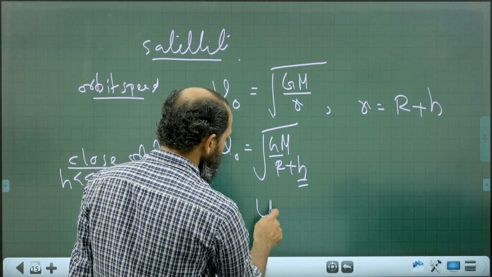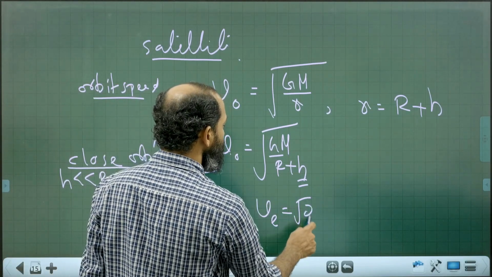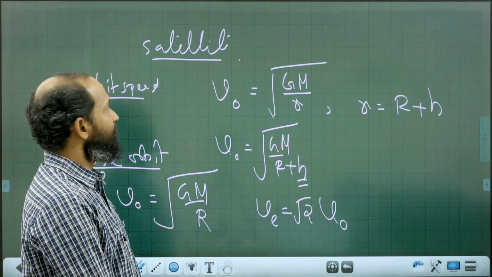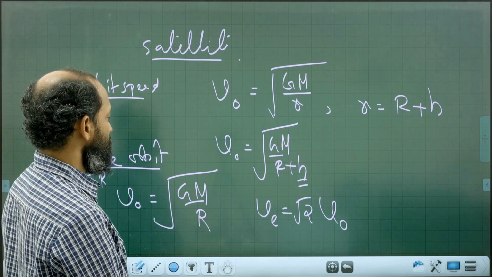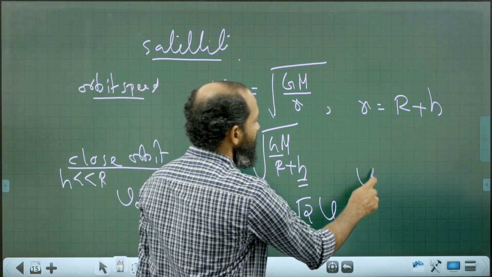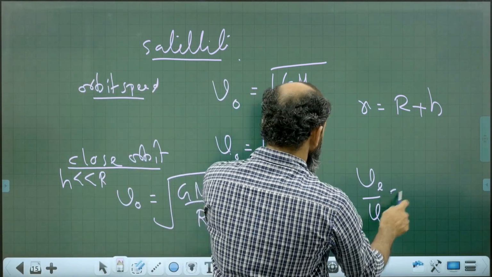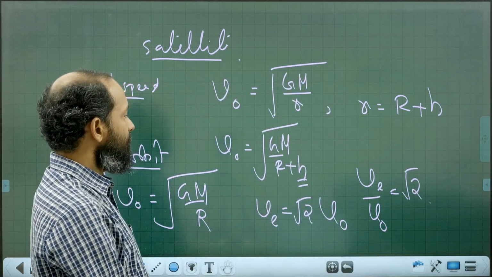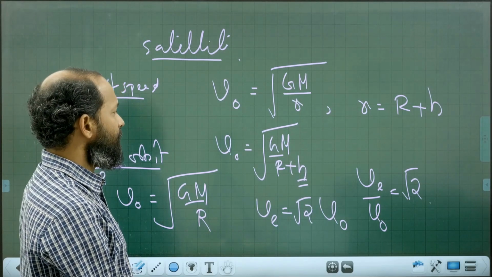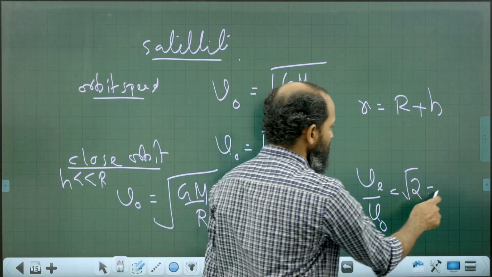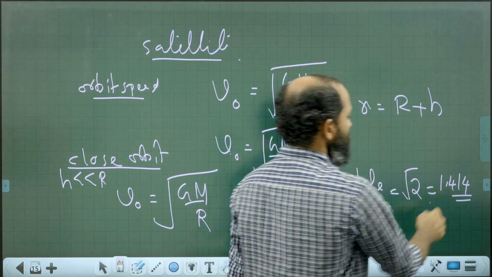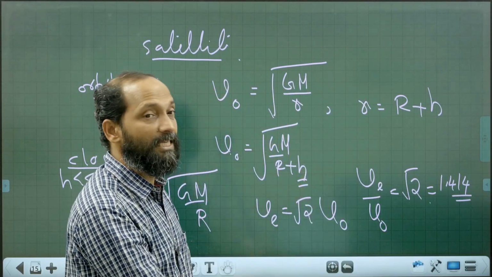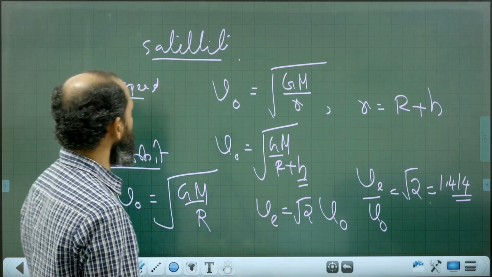Then escape velocity can be mentioned as root 2 times the orbit velocity. Escape velocity divided by orbit velocity is equal to root 2. Root 2 means 1.414. That is, escape velocity is 41.4% higher than orbit velocity. It's very important.